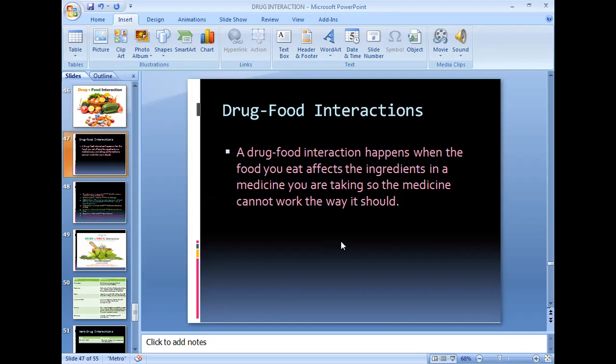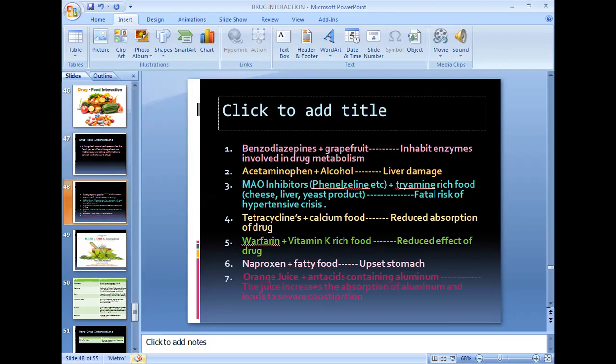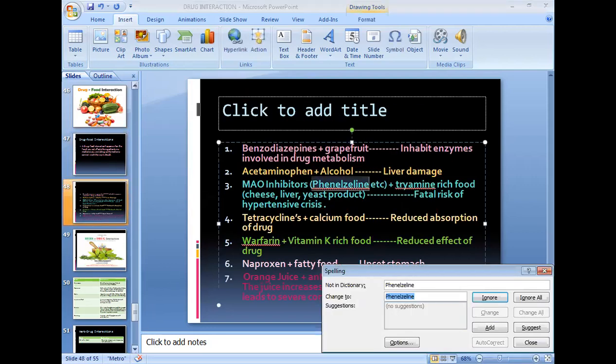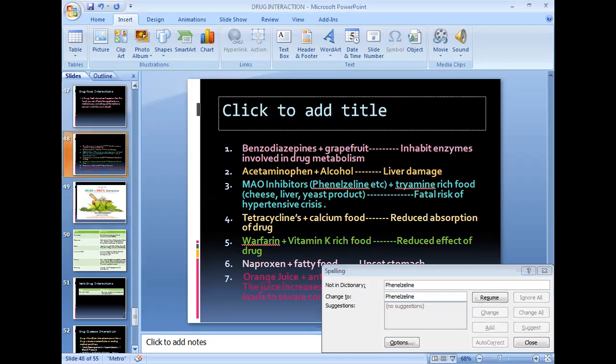A drug and food interaction happens when the food we take affects the ingredients of the medicine and the drug may not produce its effect in the way it should. So we also have some examples to understand how such interactions occur.